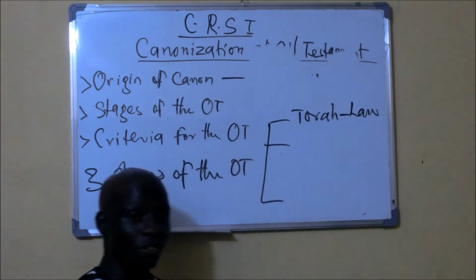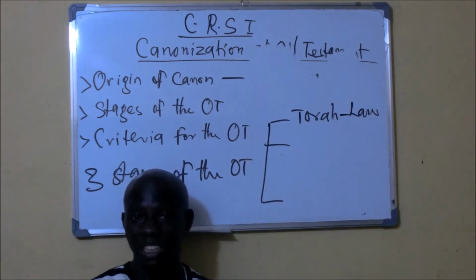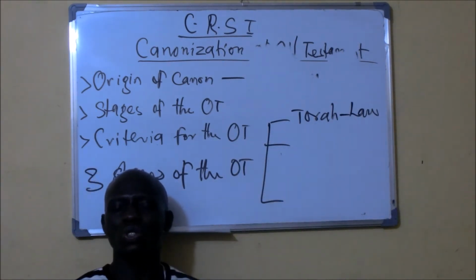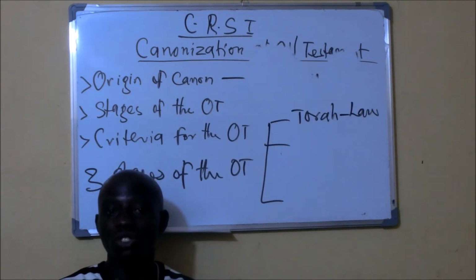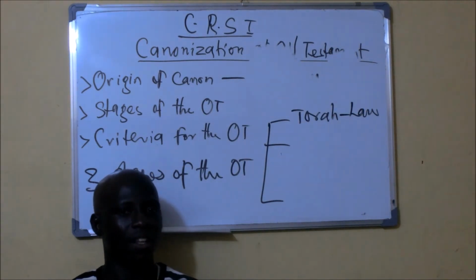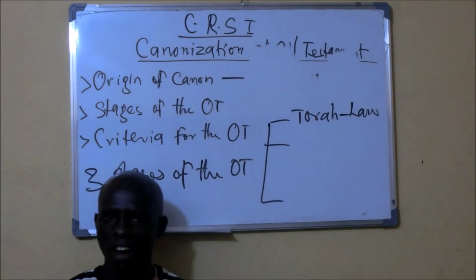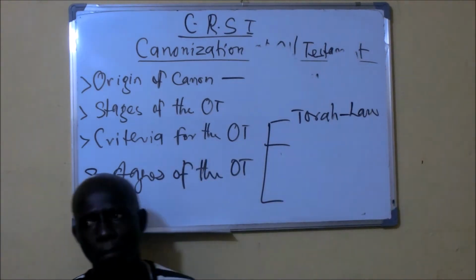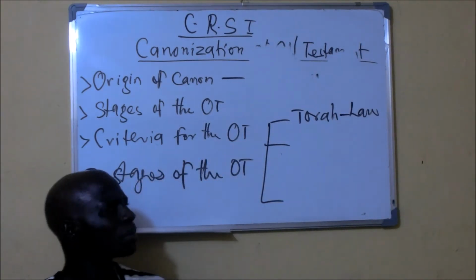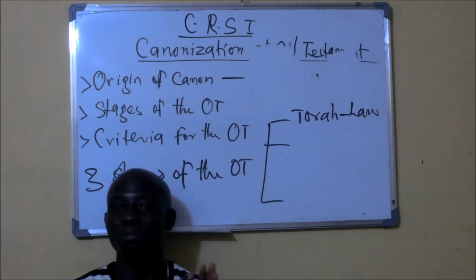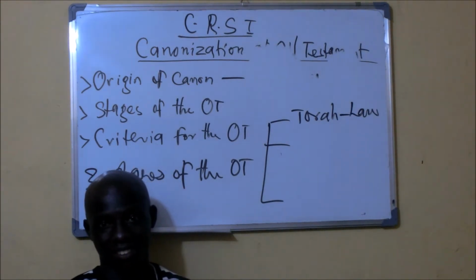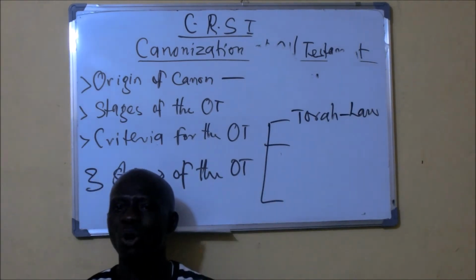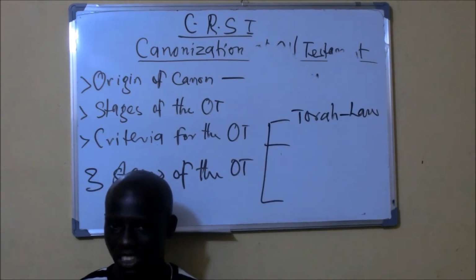So the Torah was the first stage, the first phase of the Old Testament. They are the first 5 books written by Moses. Torah became part of the scripture at the end of the Babylonian era. At the end of the Babylonian era, that's when Torah became part of the scripture or Old Testament.